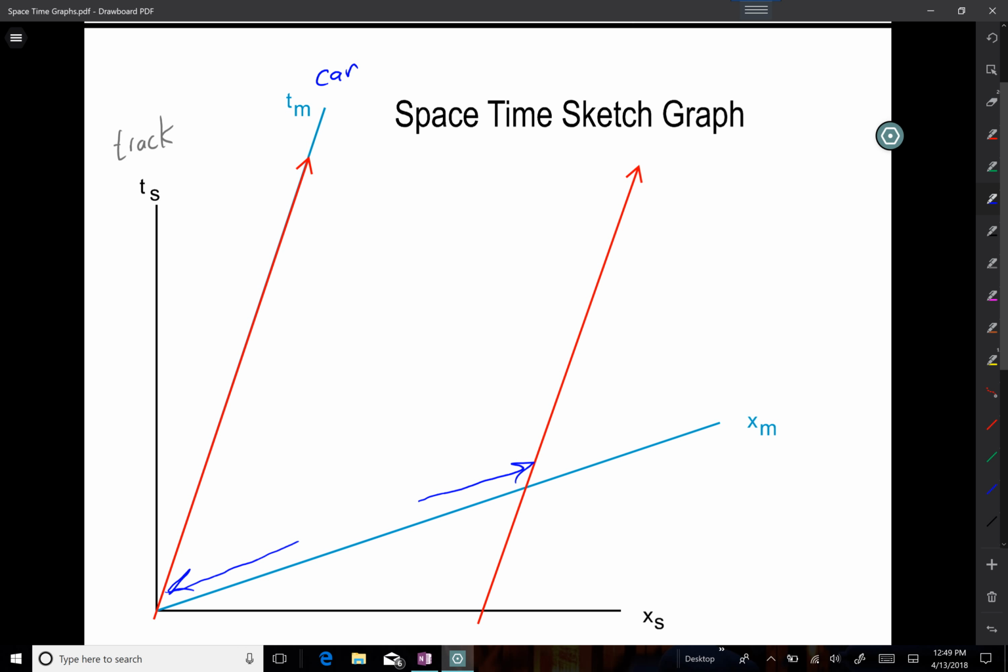We've chosen to make the car stationary in its own frame of reference, and that's the way things are. This is a delta XM, and we know that that's 4.5 meters. I'm going to use the meters length instead of the time, and it shouldn't make any difference which one we use.